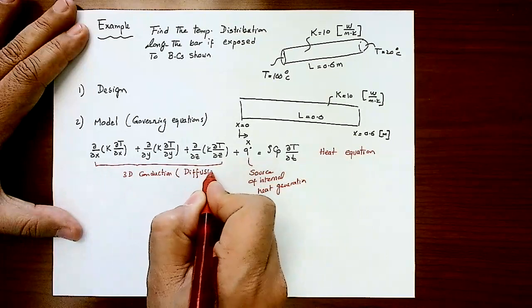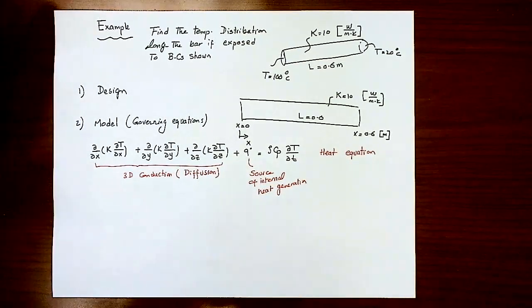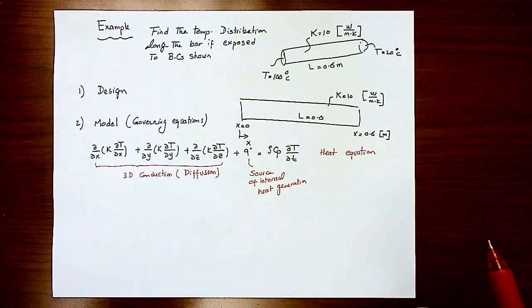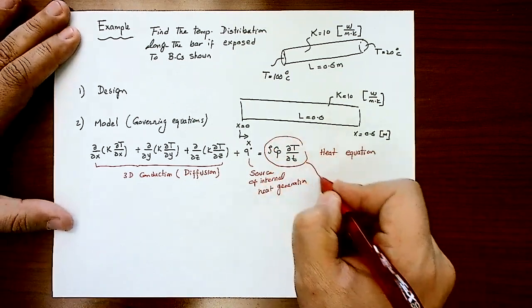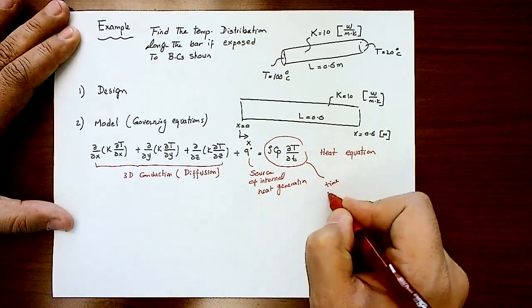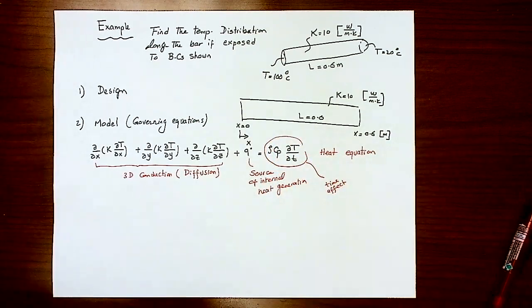So we have to get used to the new terminology here, conduction or diffusion, both are correct, because later on when we start jumping into the finite volume technique, we will solve diffusion and convection problems. Since we don't have anything in motion here, the heat will move by diffusion or conduction into that bar. And the right-hand side of this equation represents the time effect. This is simply coming from the total energy stored in that bar. So whatever is going to conduct through that bar, maybe a portion of that bar will store some of that energy.